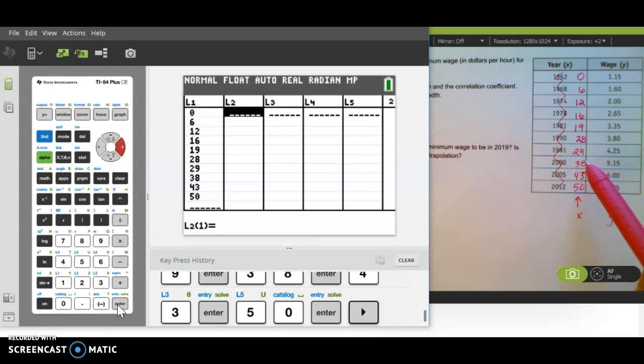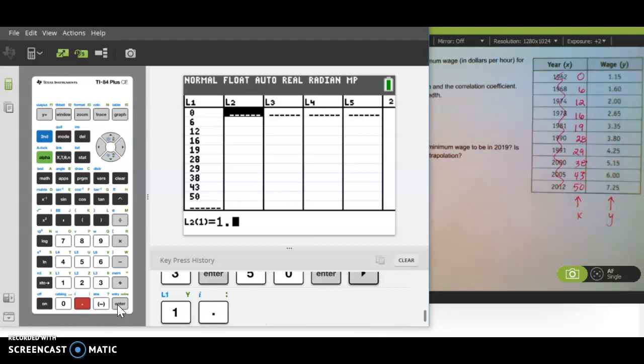Then go right arrow and then type in your Y values. And this is going to be super important that you get all of the decimal points correct.